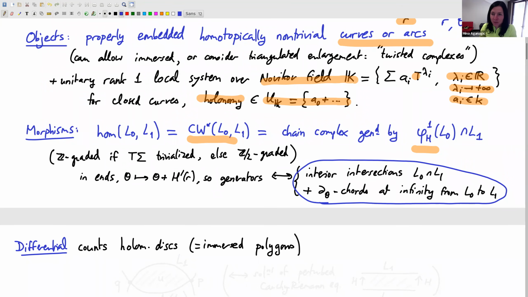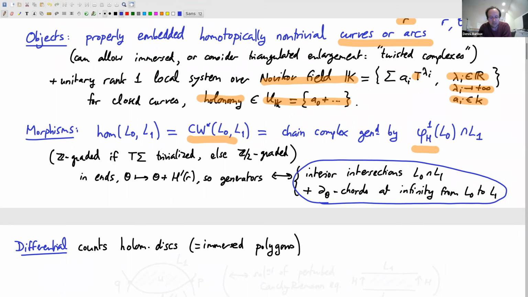In which sense is it simpler? It's simpler in that, for example, it's actually a smooth category, which means it has finitely many generators for an open Riemann surface.